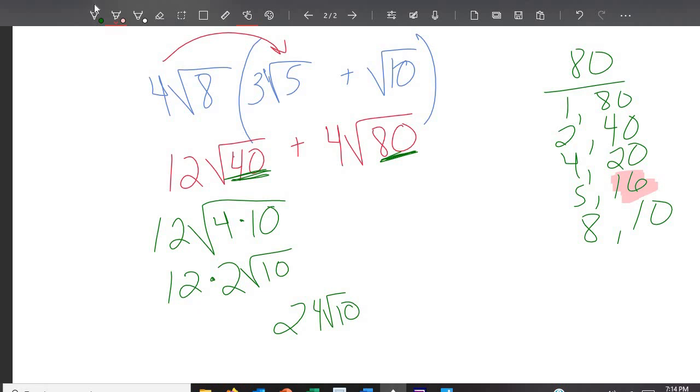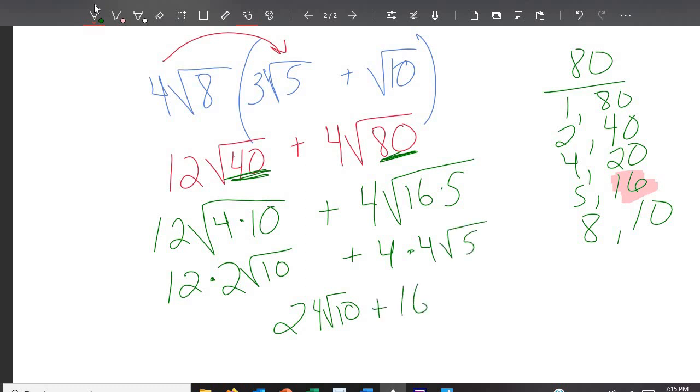So I can rewrite this as 4 times 16 times 5. Square root of 16 is 4. And 4 times 4 is 16 square root of 5. Now, that's all I can do. That is the answer. There's nothing else I can do.